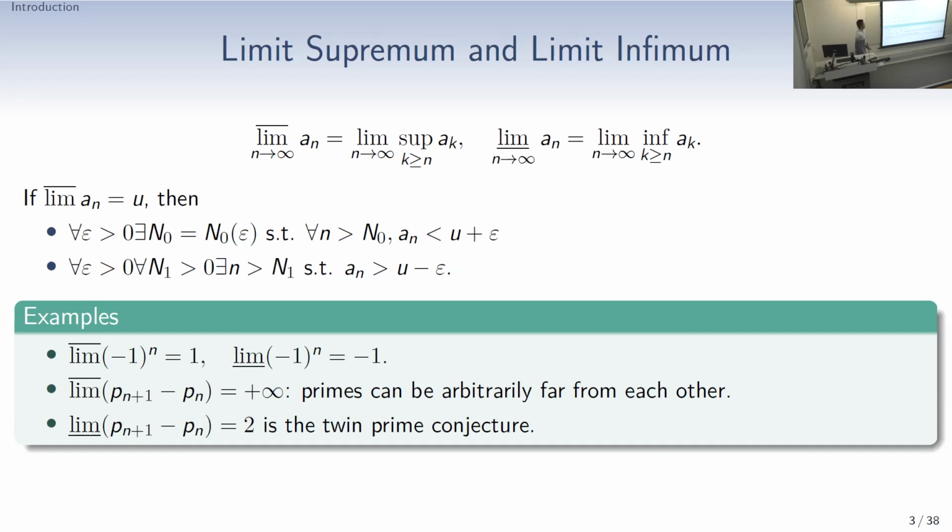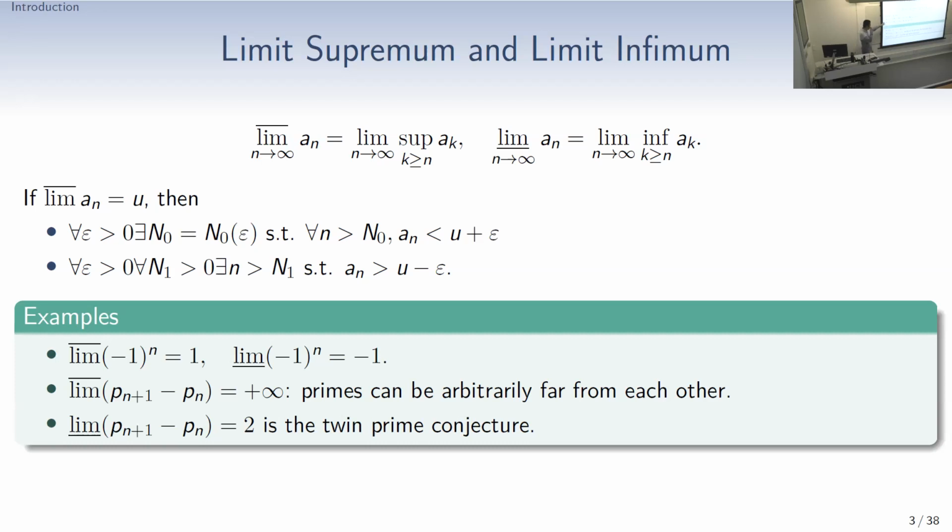The opposite is not true. However, if the sequence is bounded, it's going to have a limit supremum and a limit infimum. The limit supremum is given by this symbol, and the limit infimum is the other one. There are also some other notations for that, but I'm going to use this one because it's quite compact.